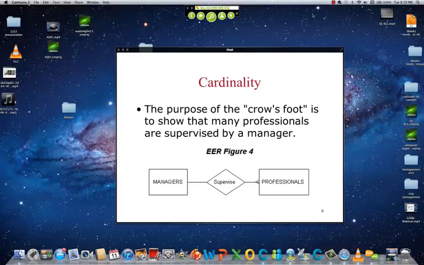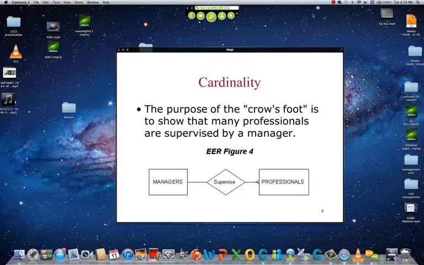Let's start from the left. You can start from the right, but let's start from the left. You start here, and you say, a manager can supervise many professionals. So if you want to interpret this many side, you start from the opposite. You don't start from professionals, you start from managers. A manager can supervise many professionals.